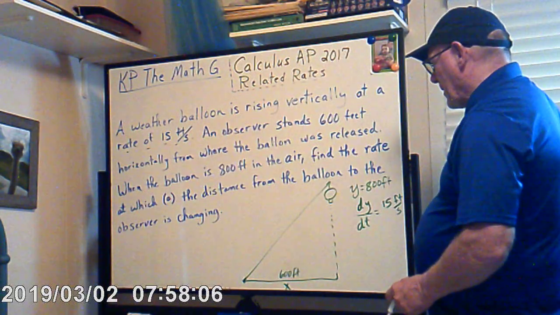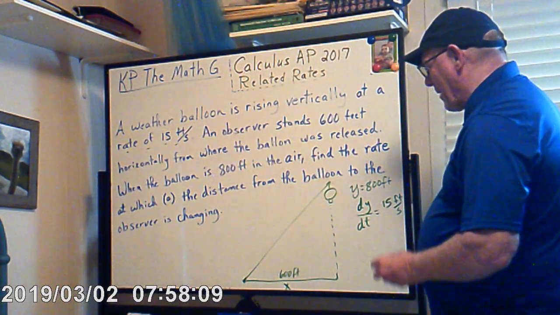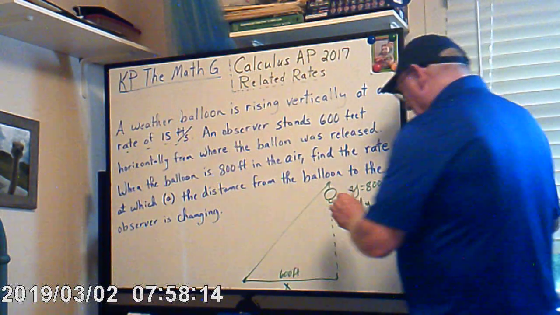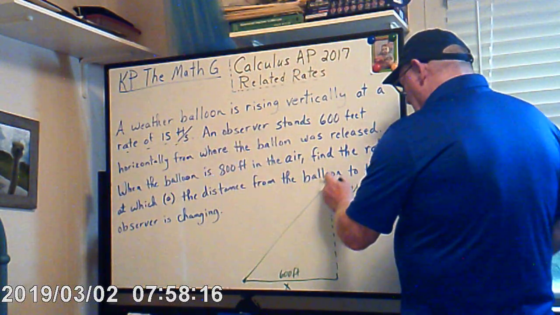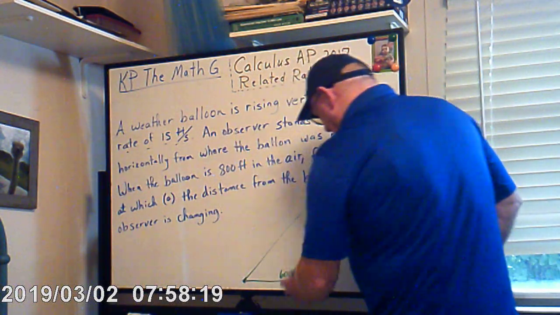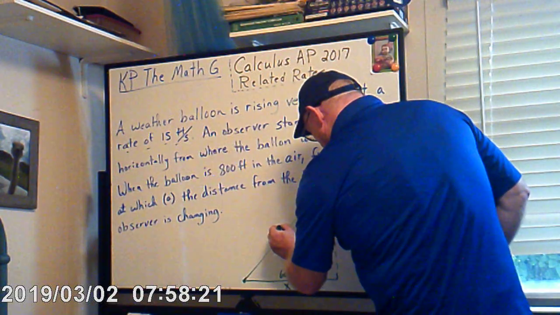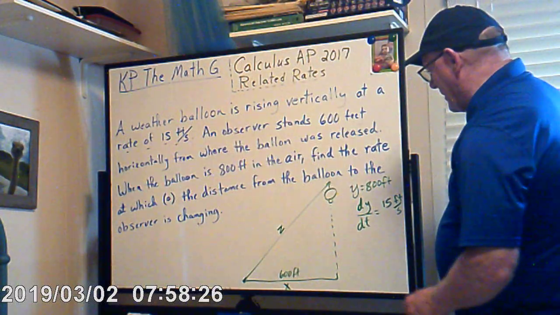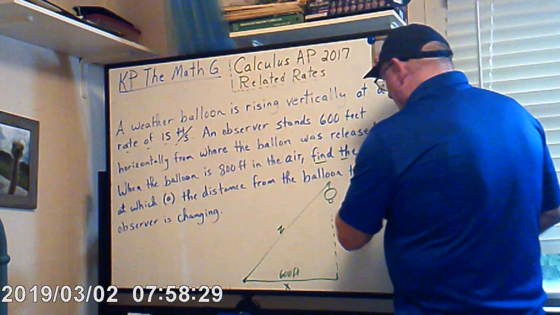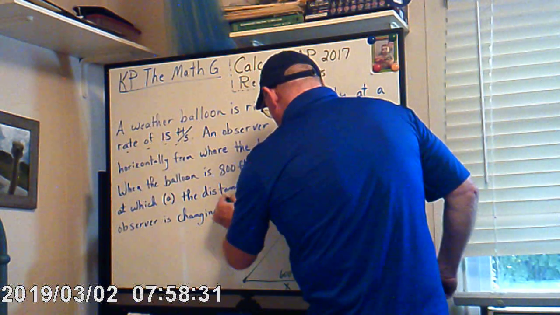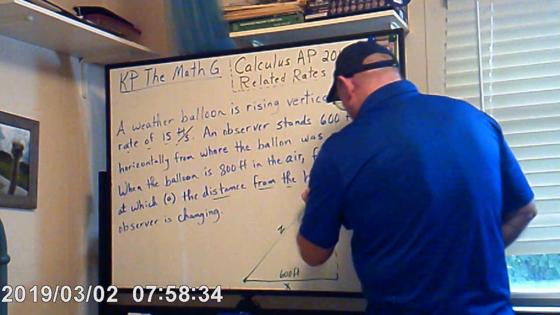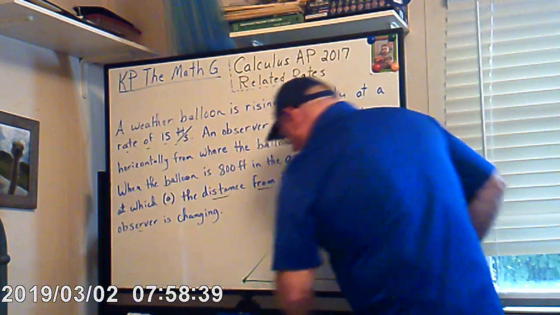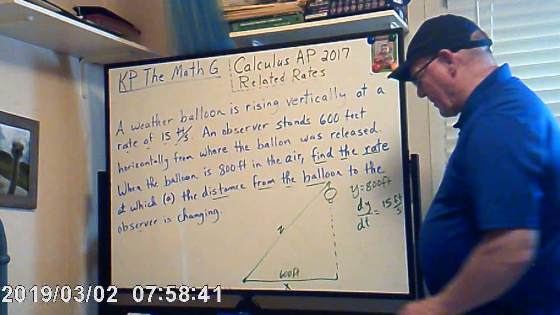It says find the rate at which the distance from the balloon to the observer is changing. This distance right here is z. So we're looking for the rate at which the distance from the balloon to the observer is changing.